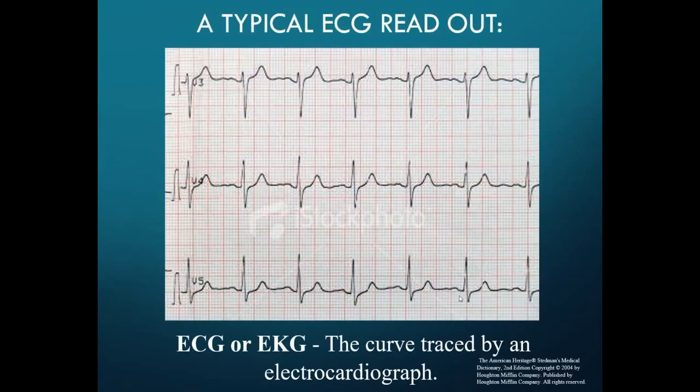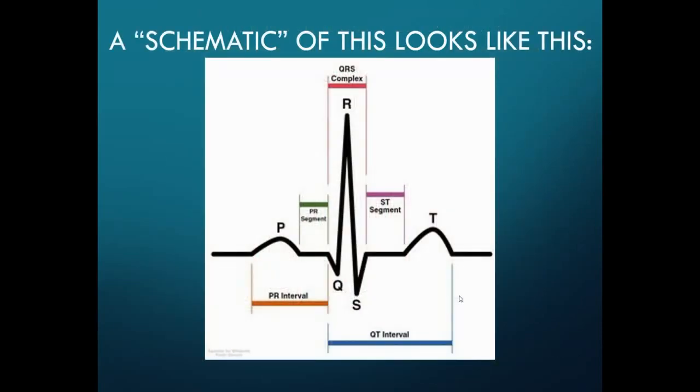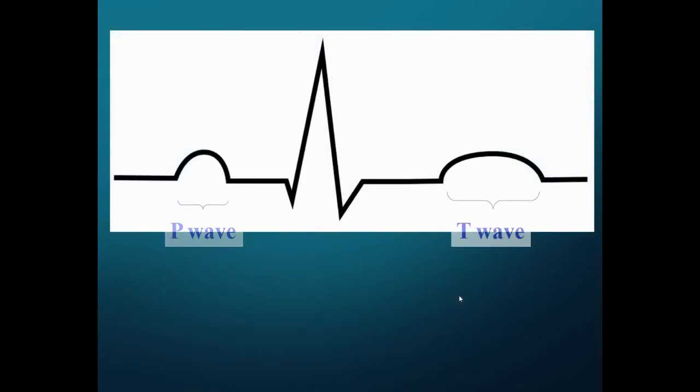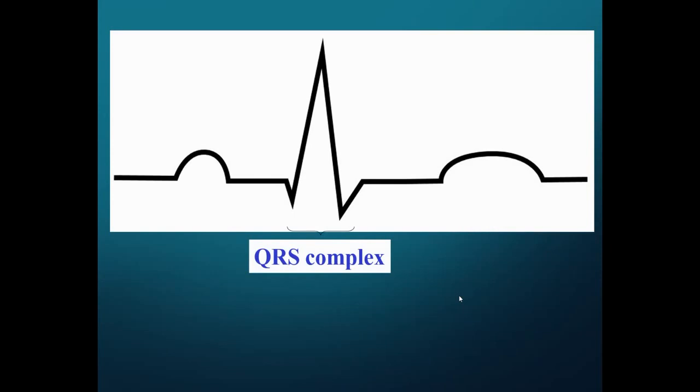So this is a typical readout of the ECG, and this is what the graph is going to trace out. There are some waves, some segments, and some intervals. The first is the P wave, then the T wave, and then the QRS complex.